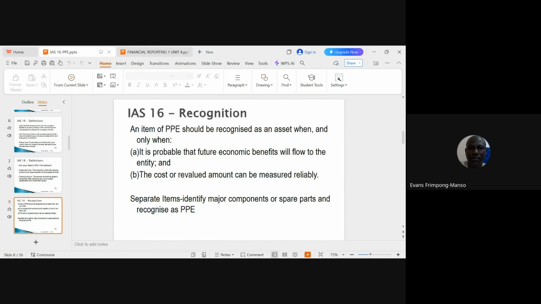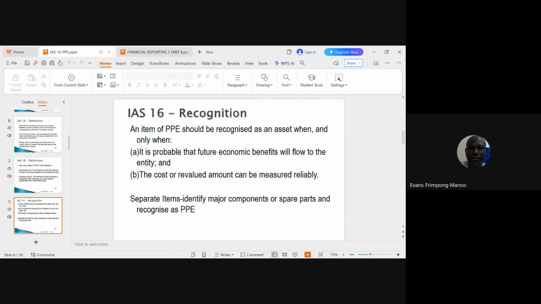So property, plant, and equipment is recognized when it is probable that future economic benefits will flow to the entity and that the cost or revalued amount can be measured reliably. These are the 2 conditions.